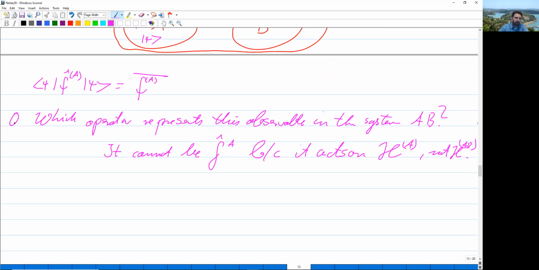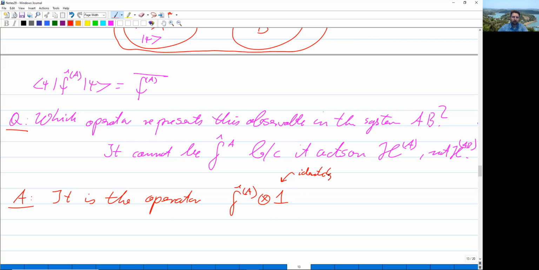So which operator is it that represents the same observable but on the bigger Hilbert space? So this is the question, and here's the answer. The answer is, it is the operator f hat A tensor the identity operator. Right, so 1 is just the map, the operator that maps every vector into itself.